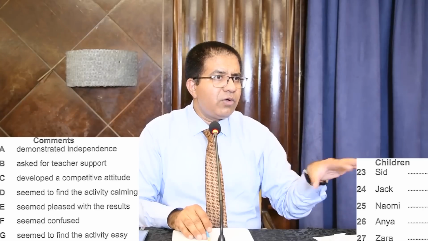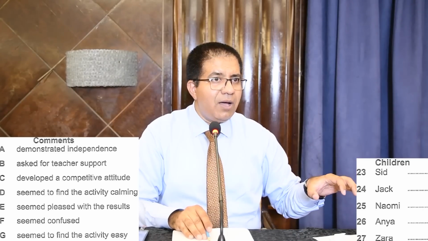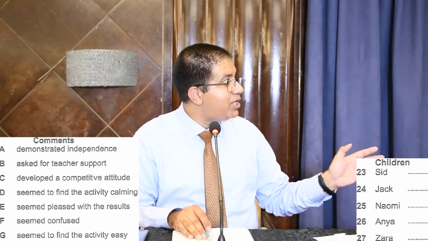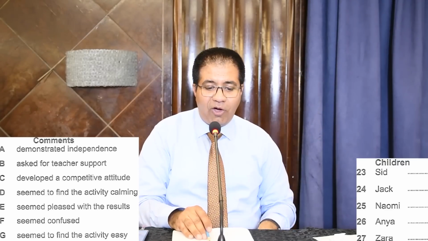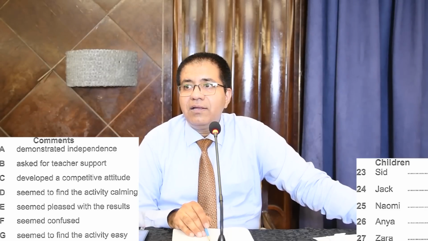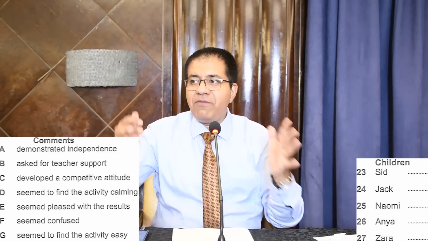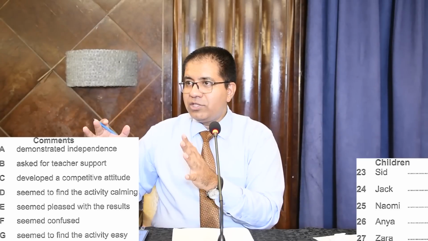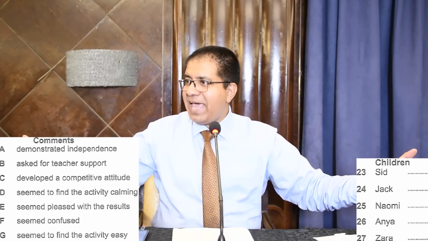Competitive attitude. Some people, like you're going on a road, you're going on a bike, suddenly someone comes and you cross him and he comes and he crosses you. He thinks like you are racing him. So that is what we call competitive attitude. Option D, seem to find activity calming. Calming. Now there would be one child who was doing a lot of mess everywhere.